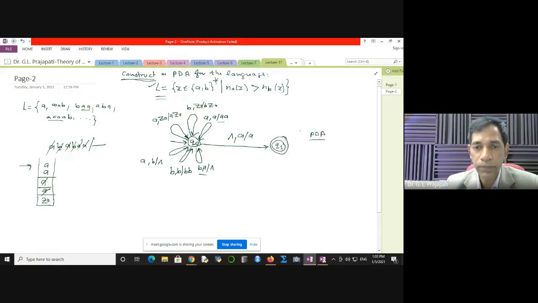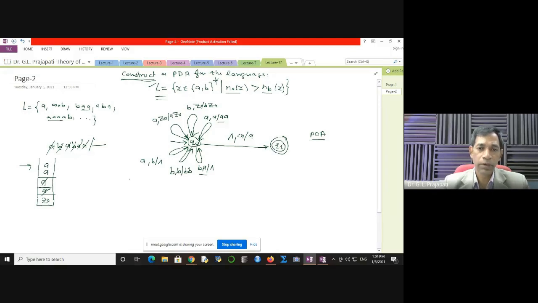So this is the PDA for accepting the language X over {A, B}* such that the number of A's in X is more than the number of B's in X. Whenever you read a symbol, you save it onto the stack. Whenever the input symbol and the stack top symbol are opposite, A and B, you have to delete it.